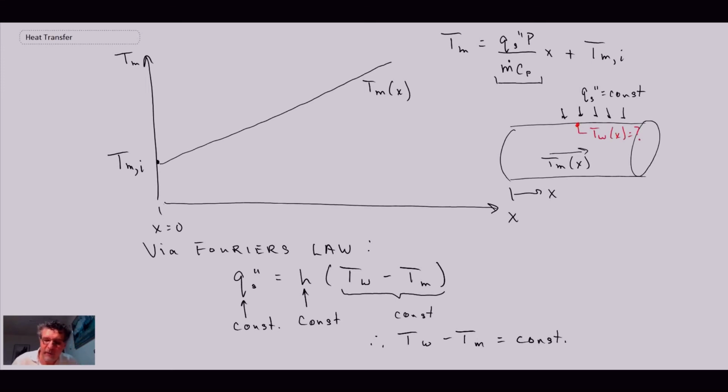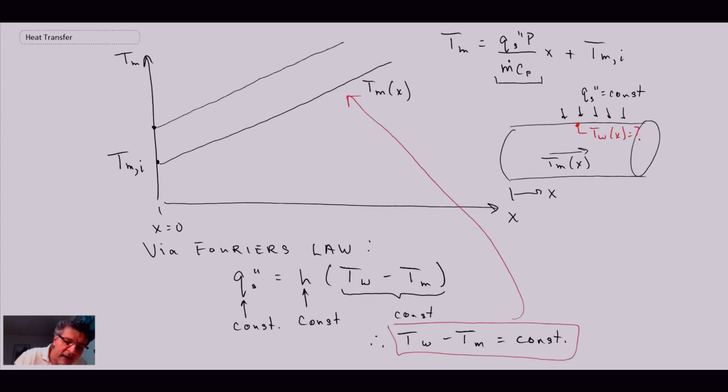If we look back at our plot, and take this and bring it up here, what that tells us is that the wall temperature has to be a constant amount larger than the bulk temperature, and it as well will be a linear variation, where the difference here is related to the heat flux divided by the convective heat transfer coefficient.